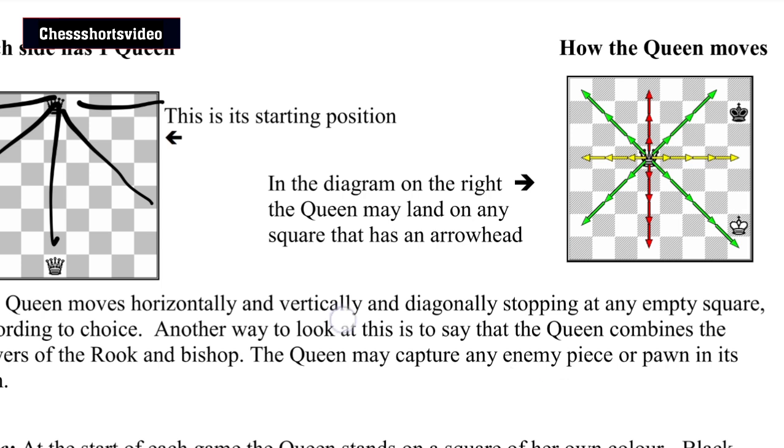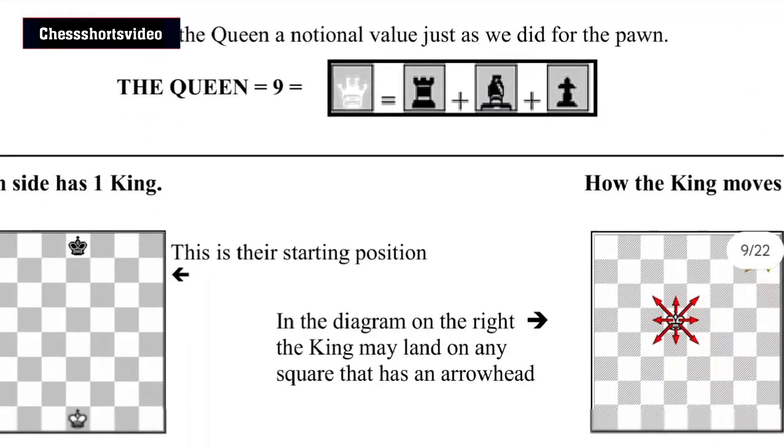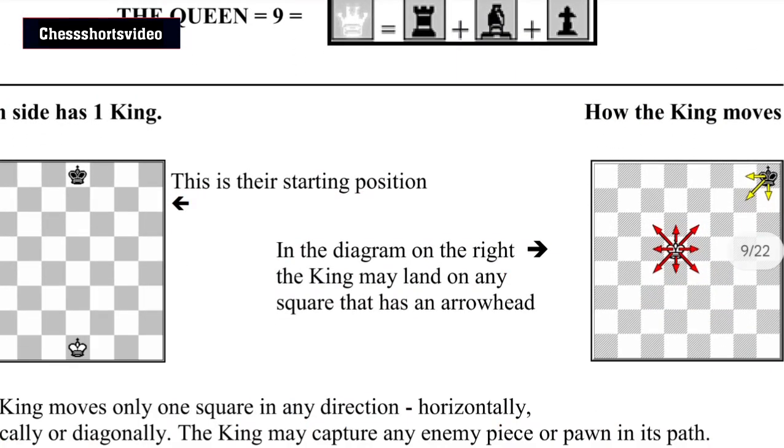So the queen is the strongest piece, and is considered 9 points. It means if you capture the queen of your opponent, you gain 9 points, which is equivalent to one rook, one bishop and one pawn, or one rook, one knight and one pawn. So always remember, do not sacrifice your queen unless you are going to checkmate your opponent.